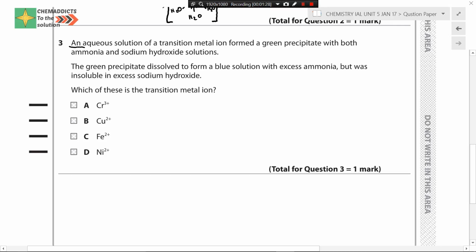So here the solution is aqueous, we already know, of a transition metal ion that formed a green precipitate with both ammonia and sodium hydroxide solutions.